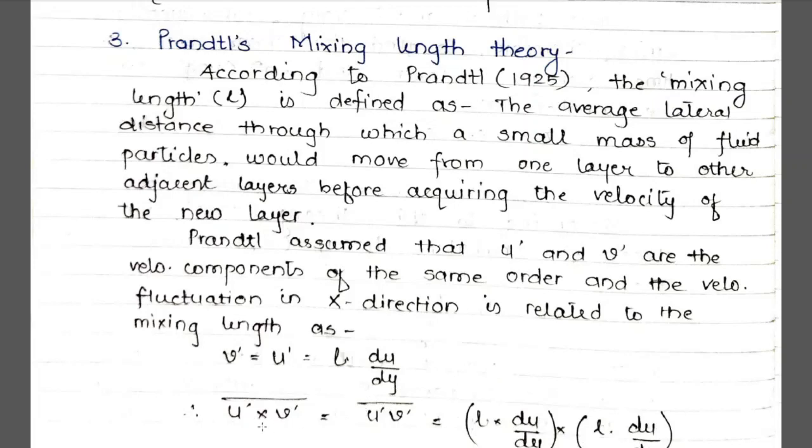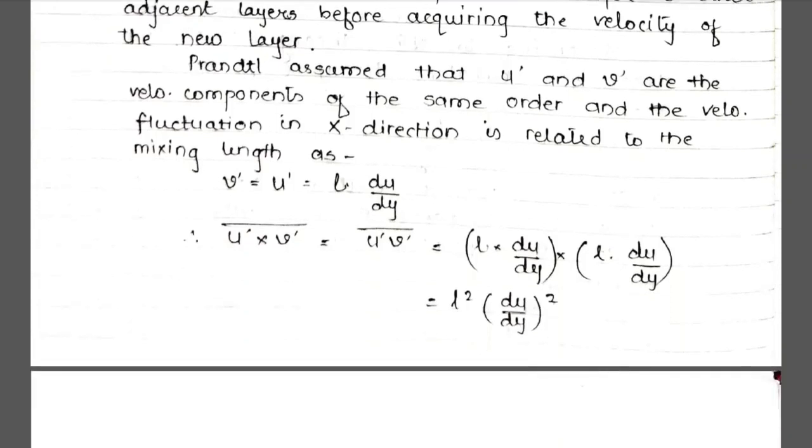The values of u dash and v dash are the same, that is L into du by dy. So u dash into v dash bar will be equal to L into du by dy into L into du by dy, that is L square into du by dy whole square.